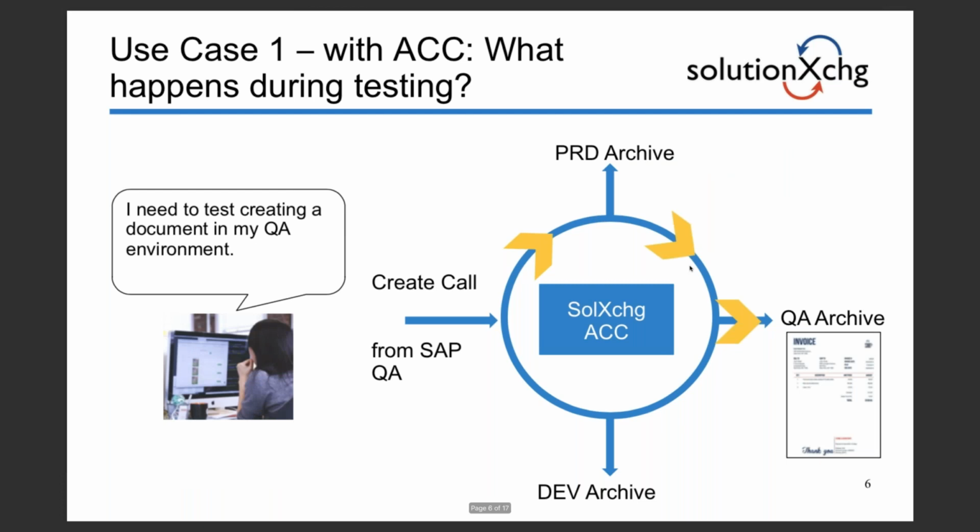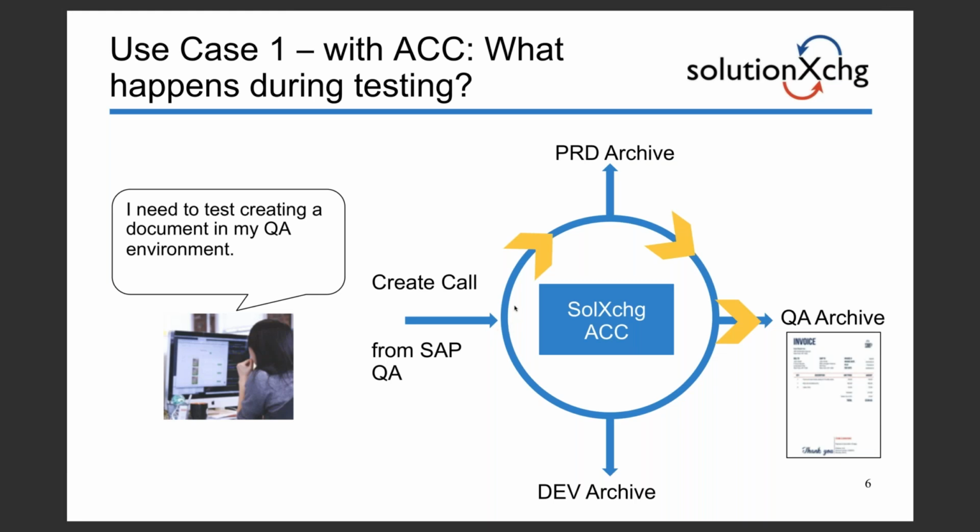Now, what happens in the next phase when we actually look at or create a document during testing? In this scenario, we're creating a test document in the QA archive. We create a test call. The call comes from the SAP QA system.